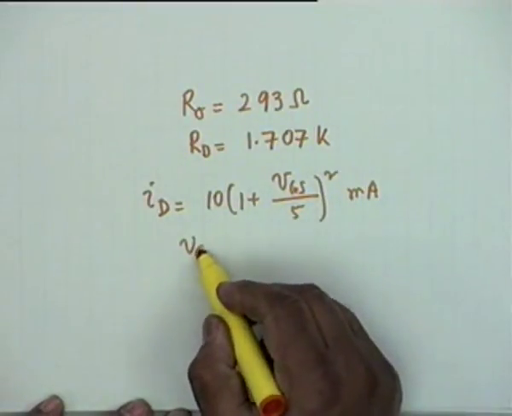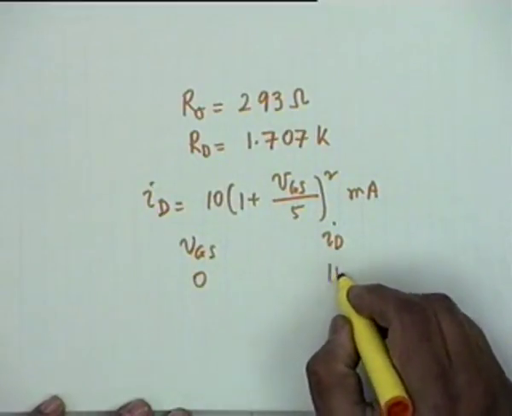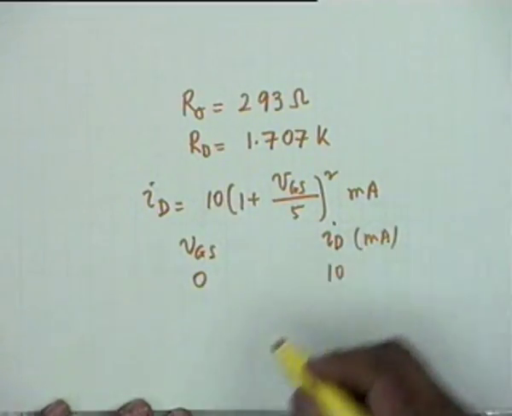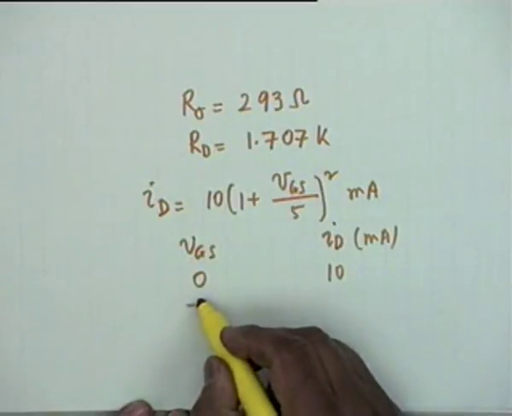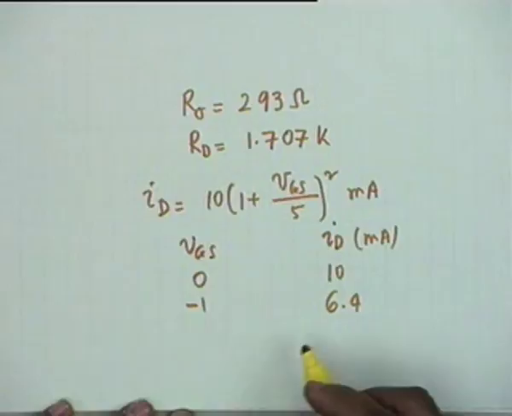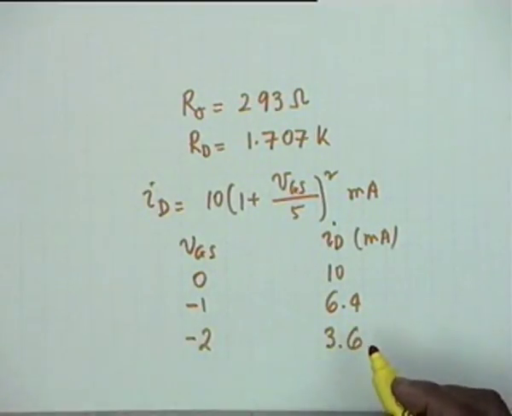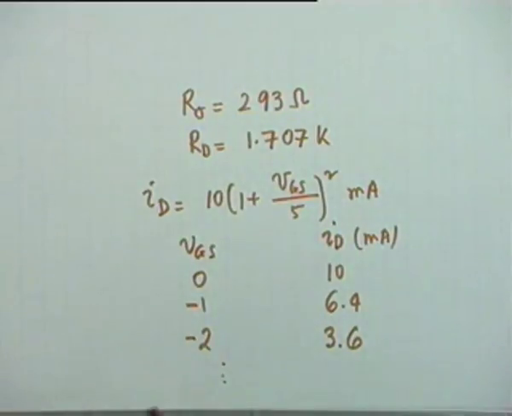Let's say VGS equal to 0, then ID is 10 milliamperes. VGS equal to minus 1, 6.4, minus 2, 3.6. We can go ahead and go up to minus 5. We don't go beyond that.